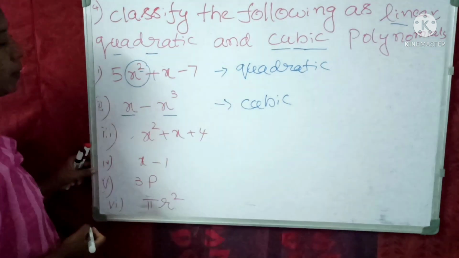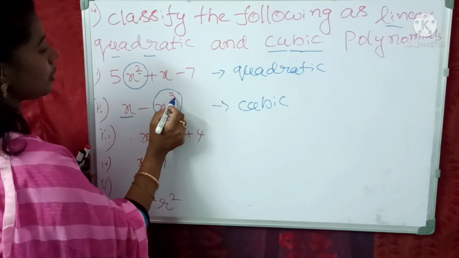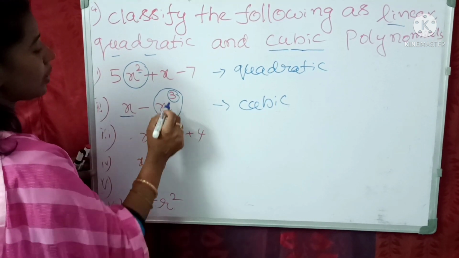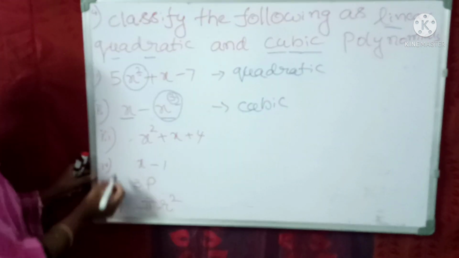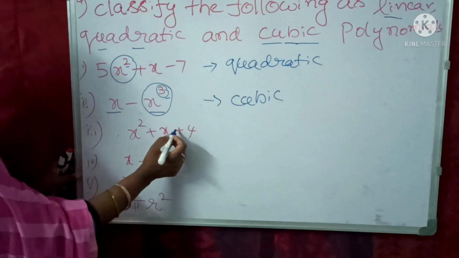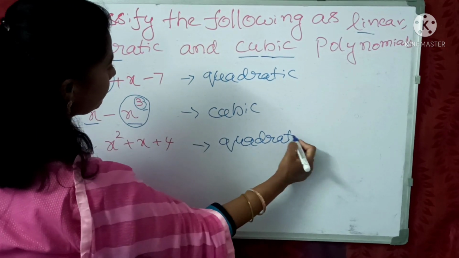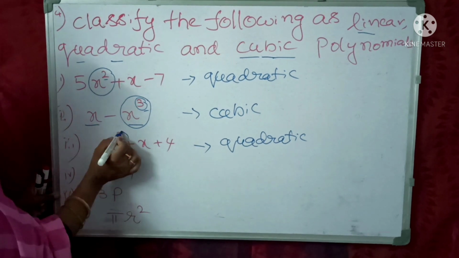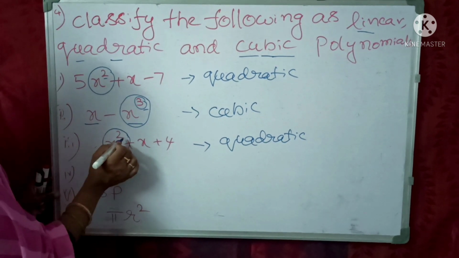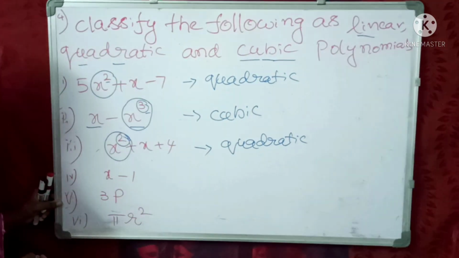Because the highest power of the variable is 3, or the degree of the polynomial is 3. So it is called a cubic polynomial. The third one is x square plus x plus 4. So this is also a quadratic polynomial, because the degree of the polynomial is 2. So it is called a quadratic polynomial.